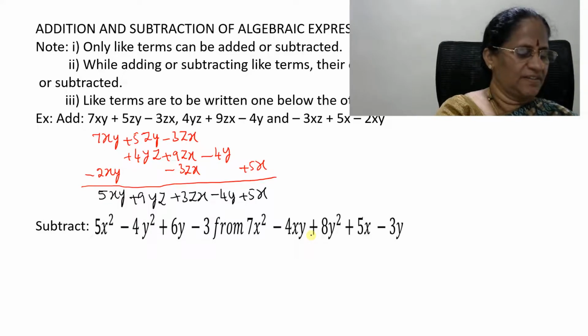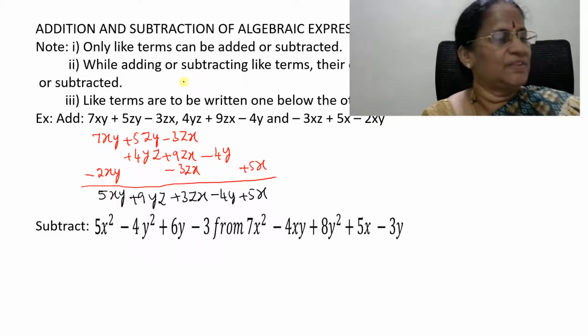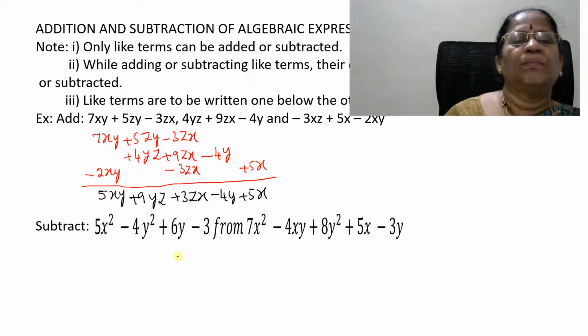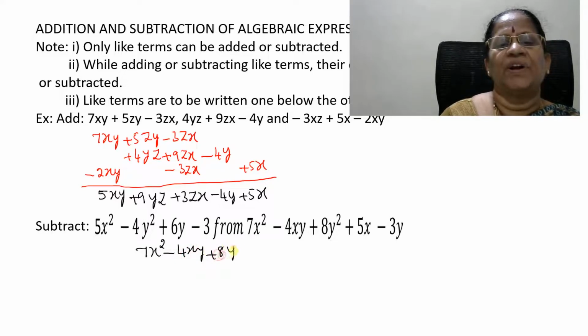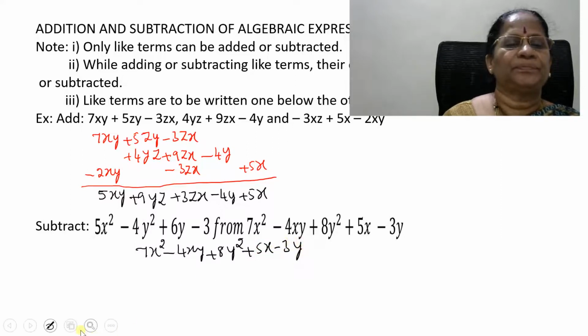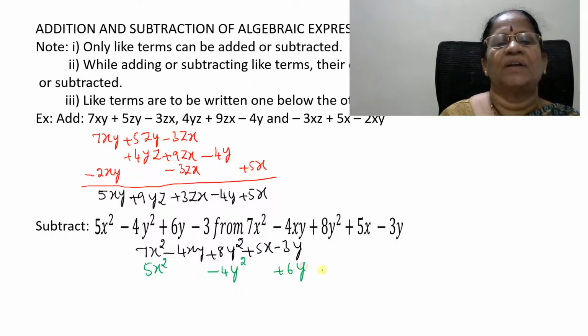Now you need to write the like terms one below the other, and always you need to write the minuend first, that is 7x square minus 4xy plus 8y square plus 5x minus 3y. Now you have to write 5x square minus 4y square plus 6y minus 3. So this is the subtrahend.